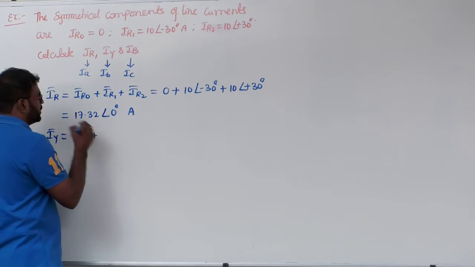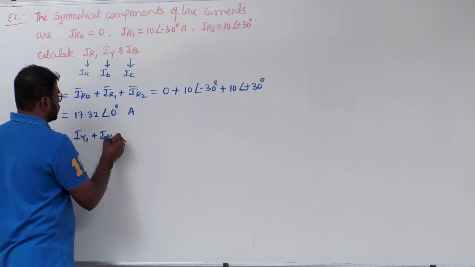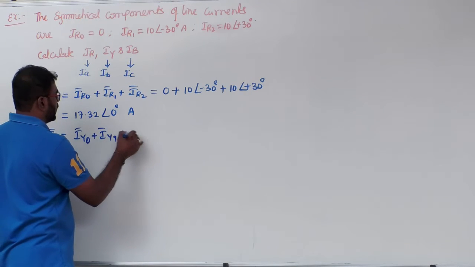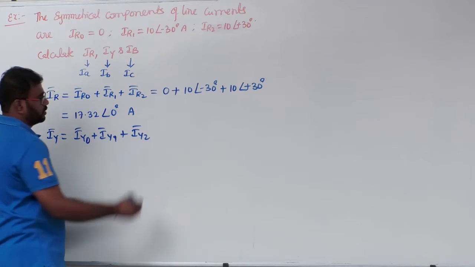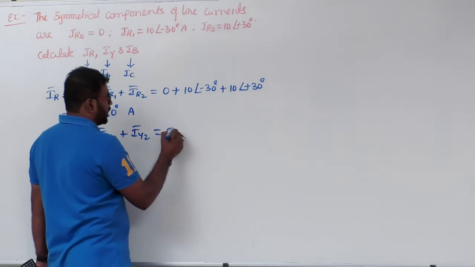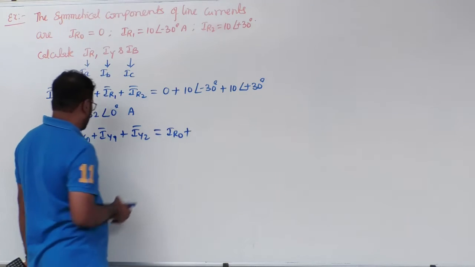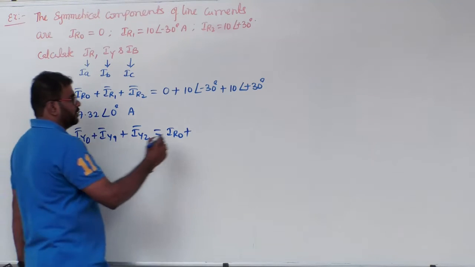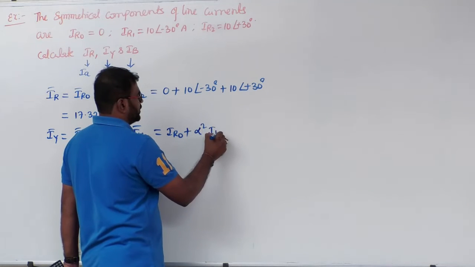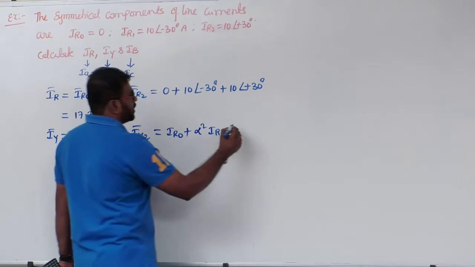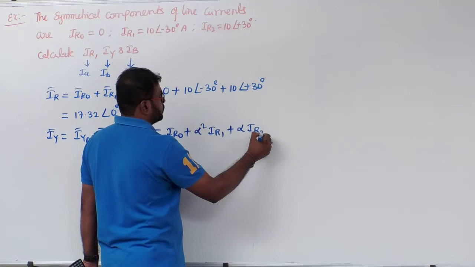Now what about IY? IY equals IY0 plus IY1 plus IY2. IY0 is nothing but IR0 only, plus IY1, which is alpha square times IR1, we know this formula already, plus IY2, which is alpha times IR2.